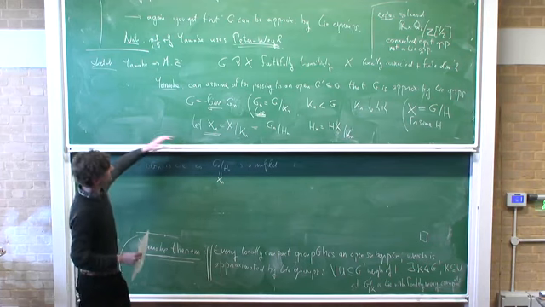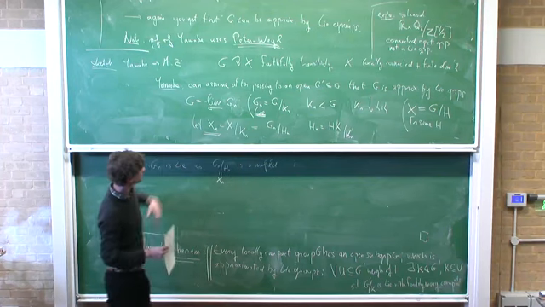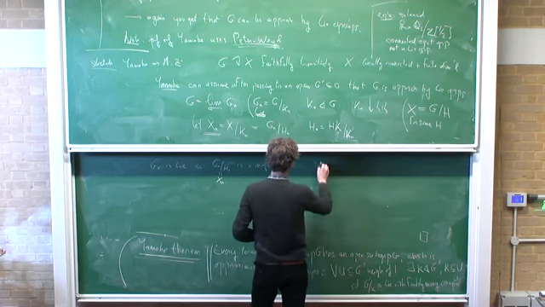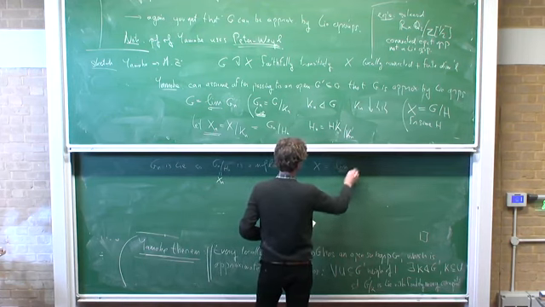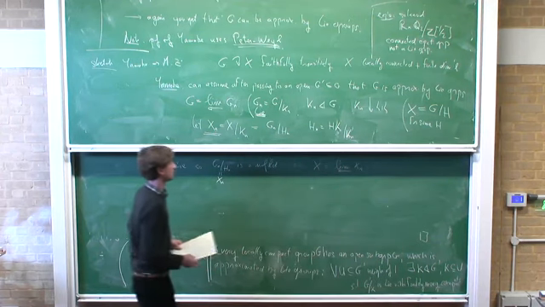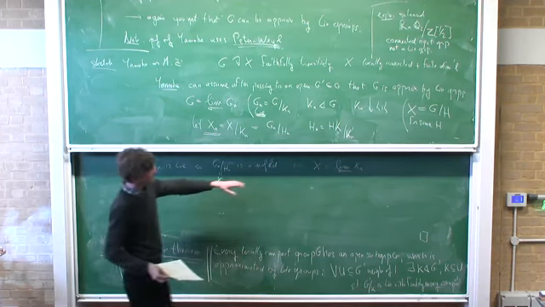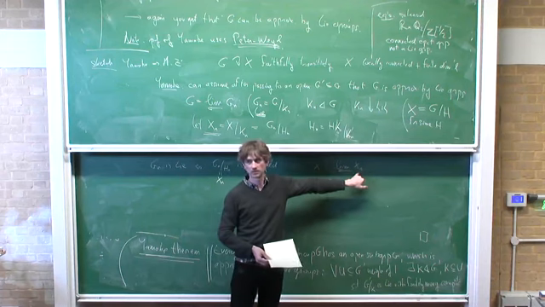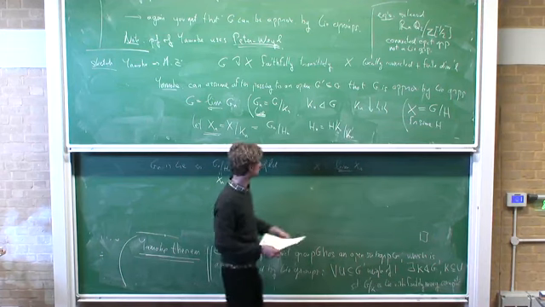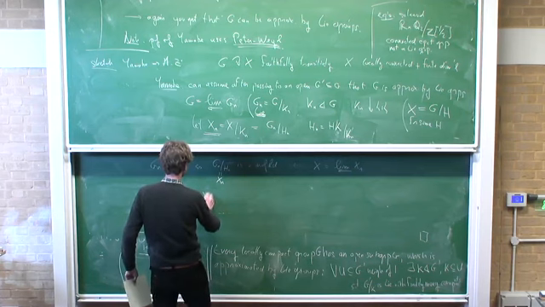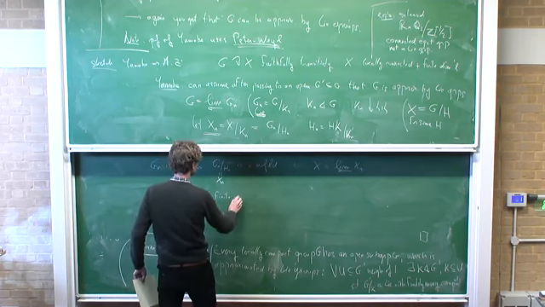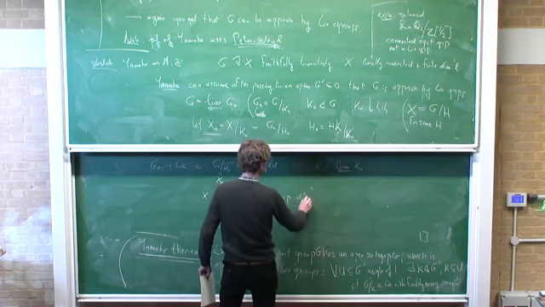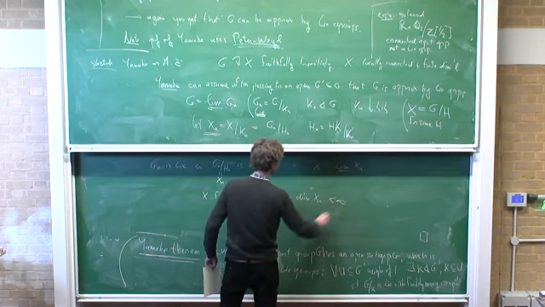So this means that your X is approximated by manifolds. And you know that X is finite dimensional. So this implies that there is a bound on the dimension of the manifold. This means that X is finite dimensional implies that the dimension of Xn is finite.